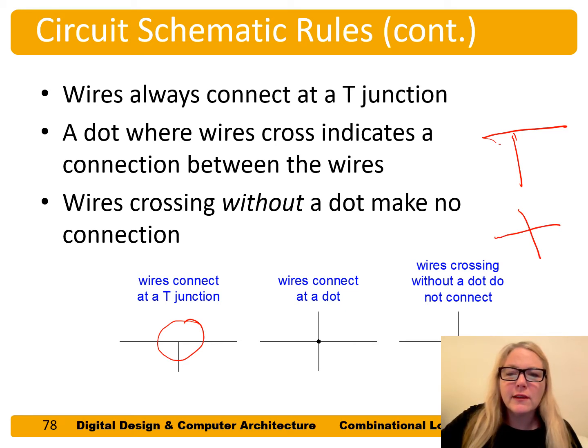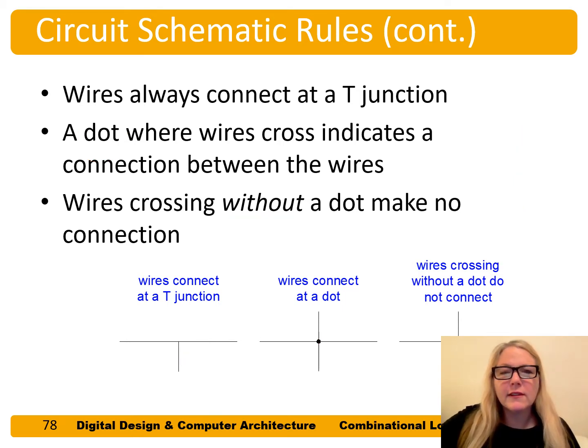That's what's shown in this picture. But if they cross over each other and there's a dot, then they do connect. So wires that cross with a dot are connected. Wires that cross without a dot are not connected.